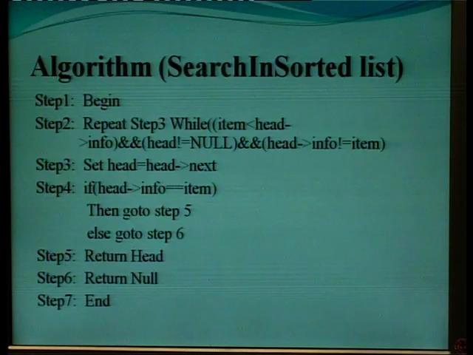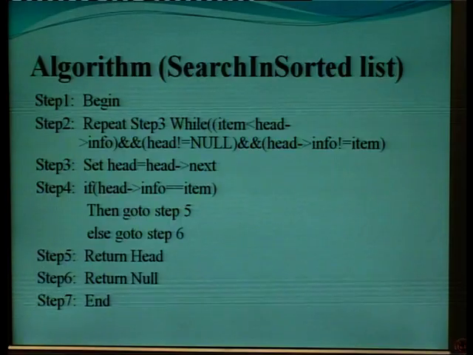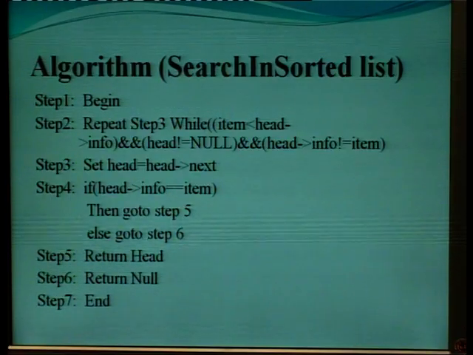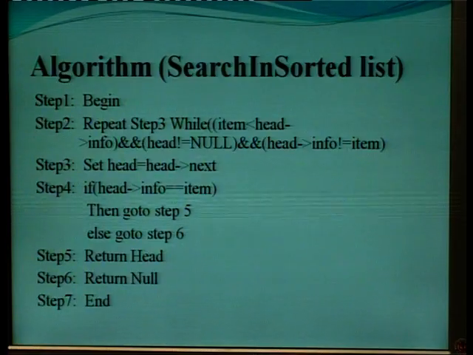If it goes to the first node, it checks whether the element is there; if so, okay. If not, it moves to the next element. Whenever head info is equal to item, we have found the element, then go to step 5, that is return head, the value of the element. Otherwise return null, meaning we have not found the element.